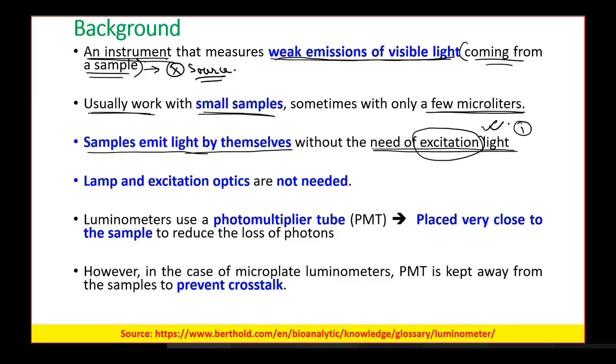Okay, so because of this reason, there are no lamp or excitation optics. Okay, and luminometers conventionally use photomultiplier tubes, which I have already discussed with you, PMTs.